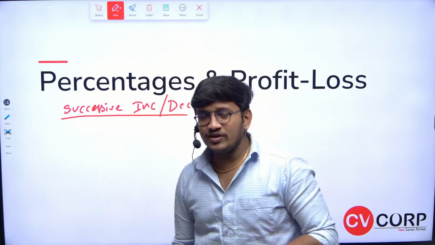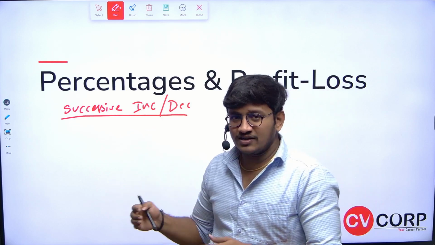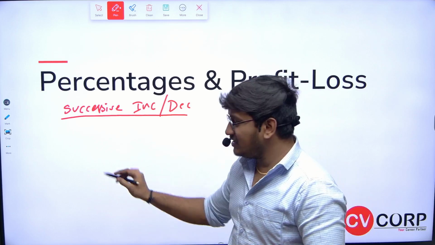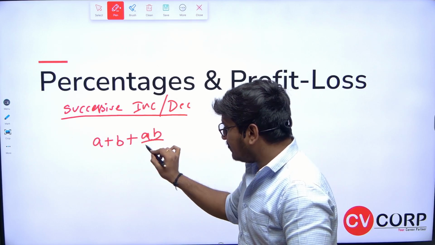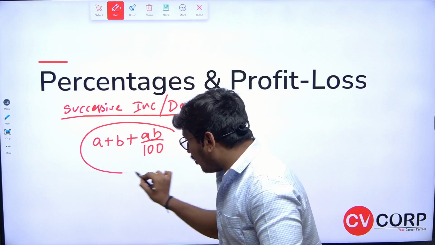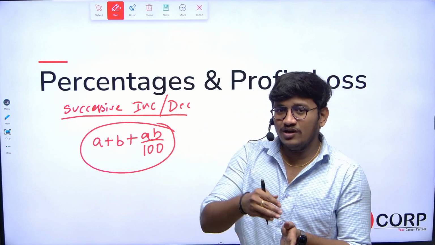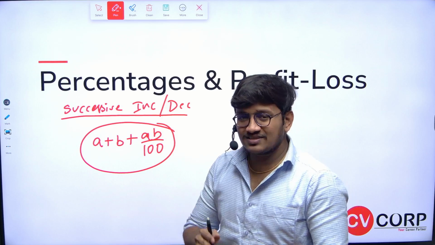For successive increment or successive decrement, the main formula that we use is A plus B plus AB by 100. This formula will be used when the same reference value is getting increased 2 times, or decreased 2 times, successively changing.